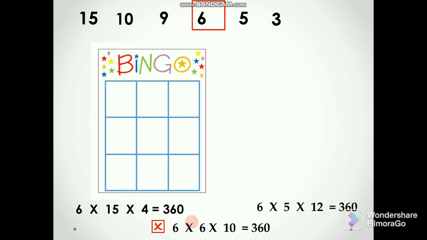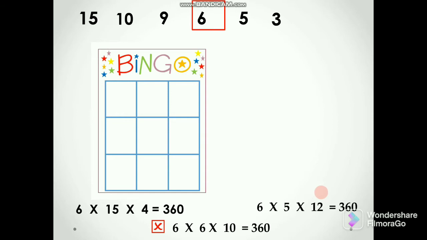How about 6 times 5 times 12? 6 is given. 5 is also given. But 12 is not given. And again, there is a possibility that 12 is one of the missing numbers, since we have 3 spots for our 3 missing numbers.